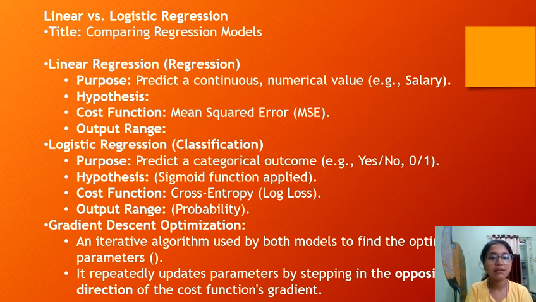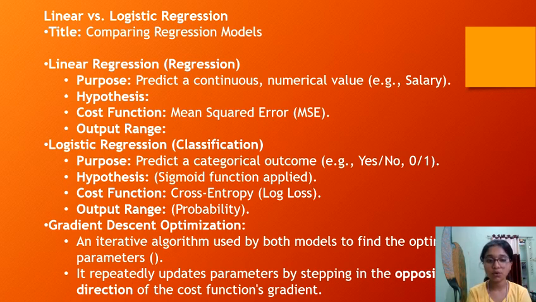That is linear versus logistic regression. Title: Comparing regression models. Linear regression. Purpose: predict a continuous numerical value, for example salary. Cost function: mean squared error, MSE. Logistic regression, that is classification. Purpose: predict a categorical outcome.